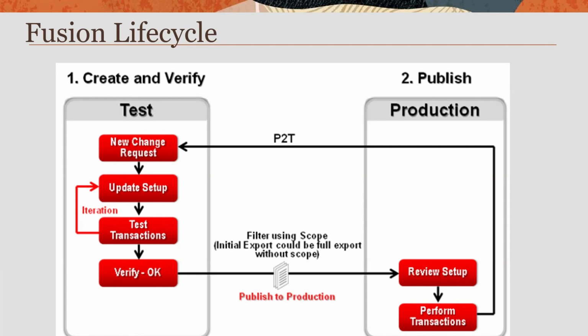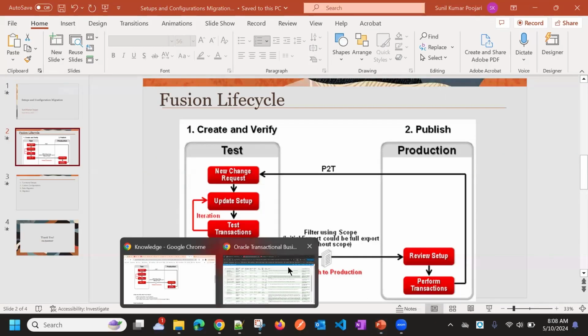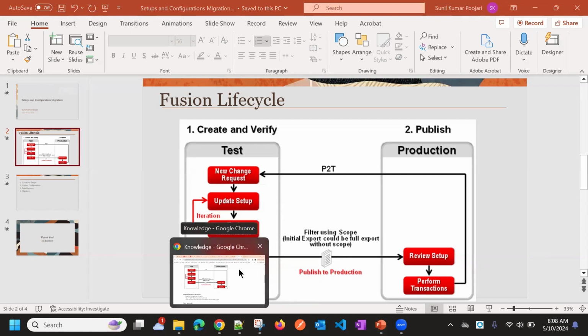So this is the typical life cycle. Here, how do we move the configurations to production, or how to publish to production? One way is obviously a manual way.